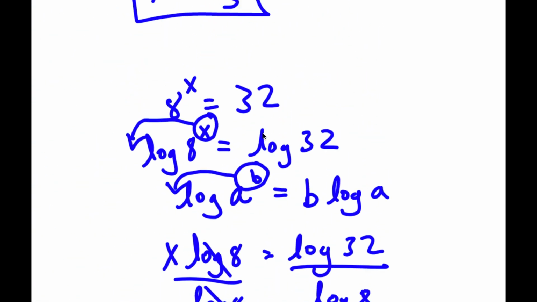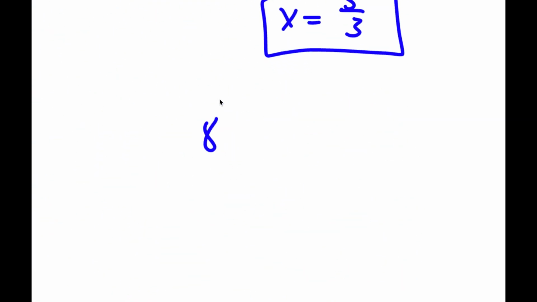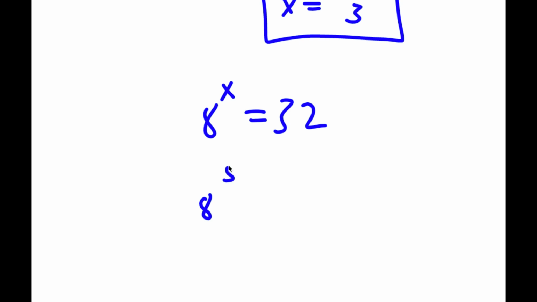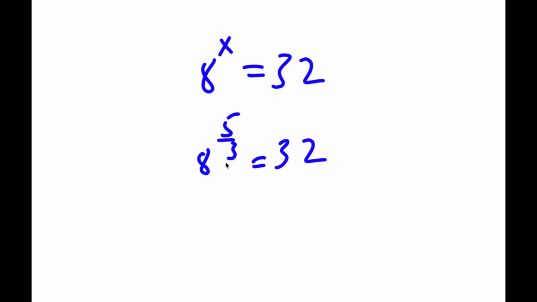Now to check, we have 8 to the power of x is equal to 32. x is equal to 5 over 3, so I have 8 to the power of 5 over 3 is equal to 32. Now 8 to the power of 5 over 3 is the same thing as the cube root of 8 to the power of 5, which is equal to 32.